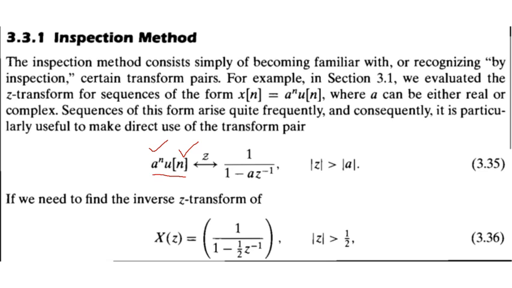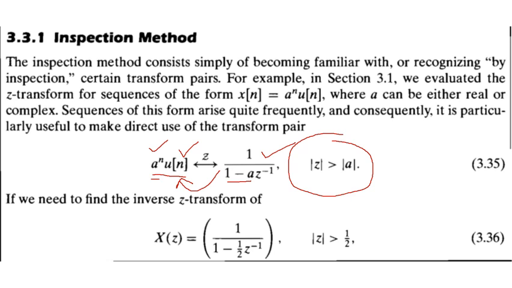The Z transform of such an expression is 1 divided by 1 minus a Z inverse, and the region of convergence associated with this is Z mod greater than a mod. So if we have the expression 1 divided by 1 minus a Z inverse, its inverse Z transform will be a raised power n u of n. So this is the inspection method.